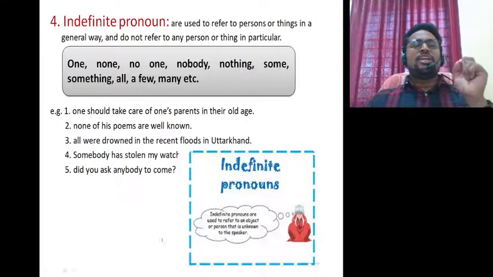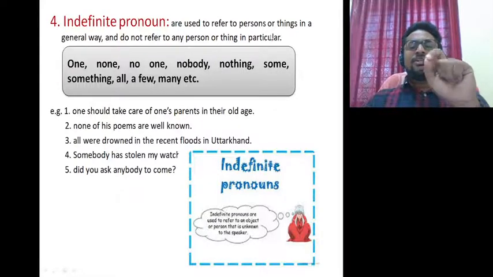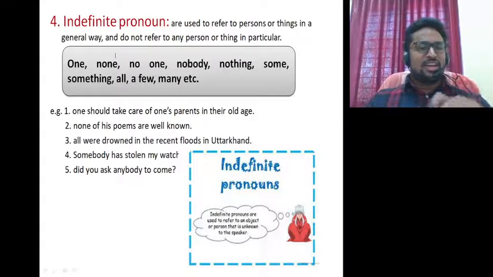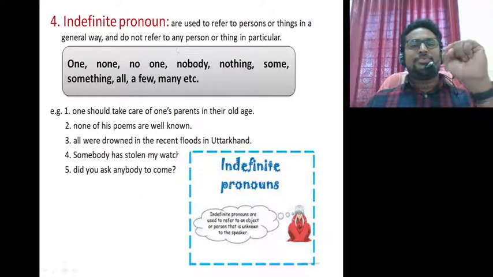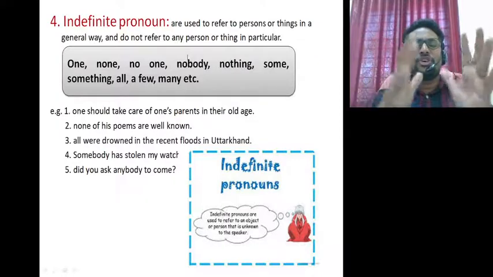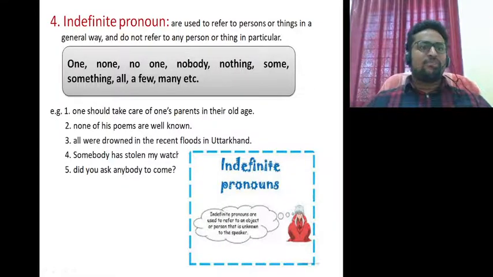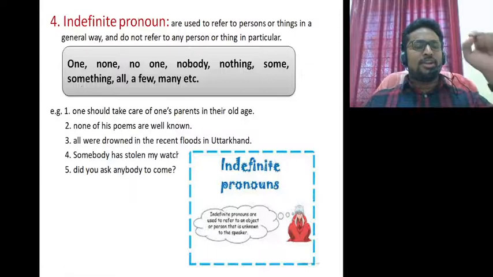We use indefinite pronouns to refer to a person or thing in a general context, not in a particular way. For example, one: anybody can become one. I am not pointing out a particular person, not Ramu, not Charan, not Narendra.